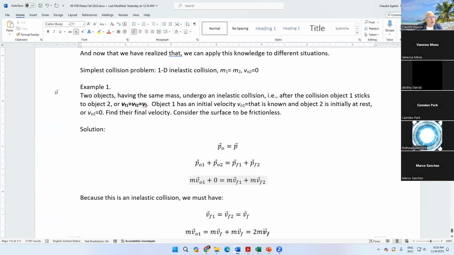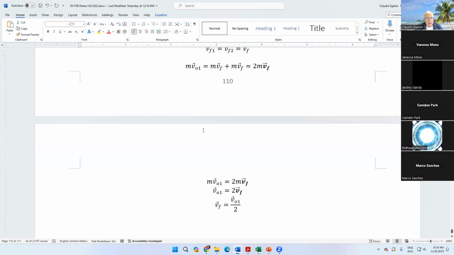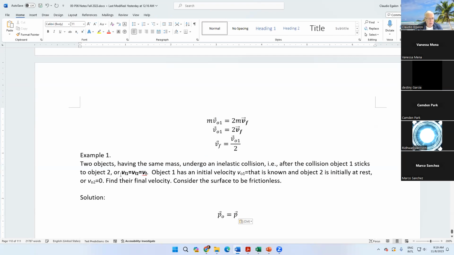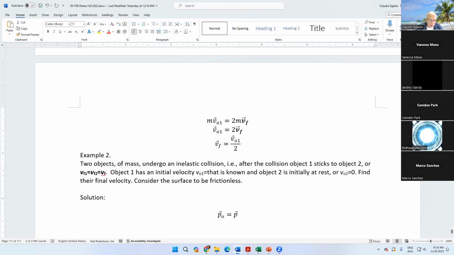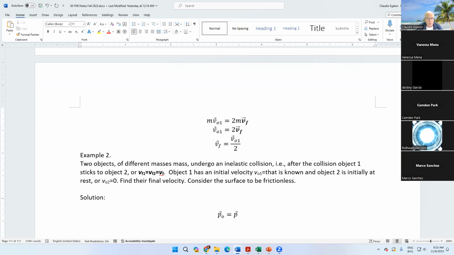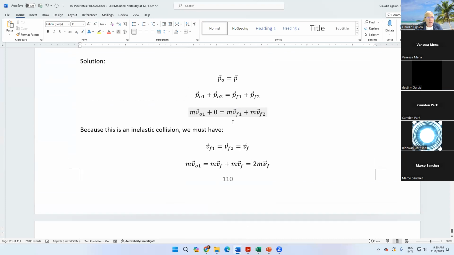And then you can come up with another one. What about the next level of difficulty? Next level of difficulty, it's example 2. Two objects of different masses, M1, M2.